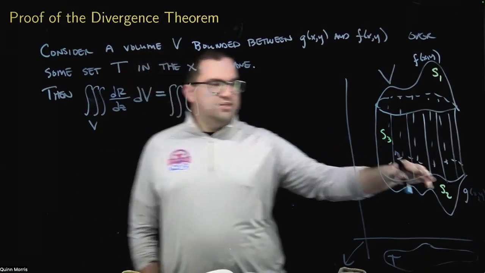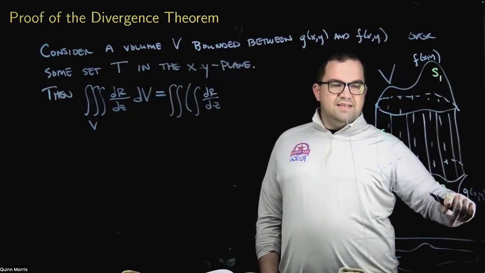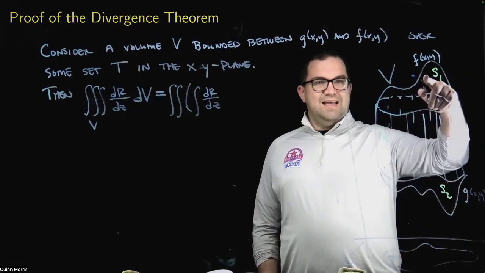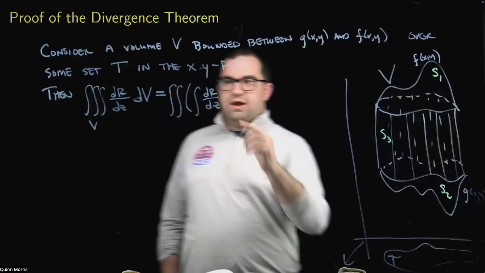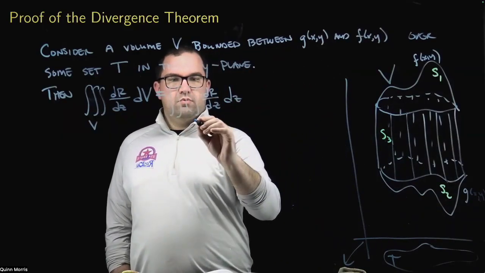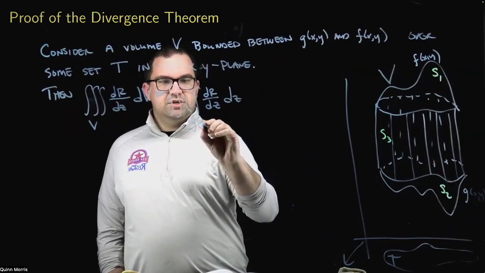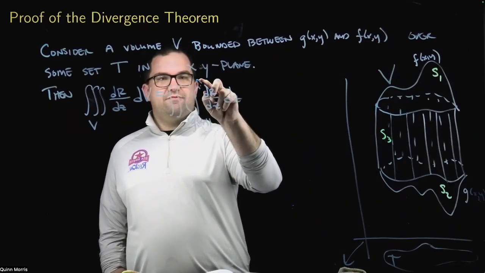So if I think about this region, this is all the z values which are bounded between g of x and f of x. So I can write this as an integral where z goes from g of xy to f of xy.